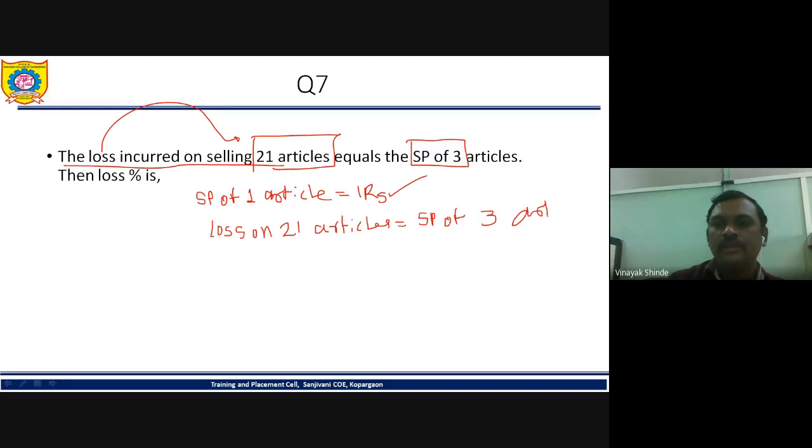So can you tell me how much is the loss in this business in rupees? 3 rupees. Very good. So total loss is 3 rupees.